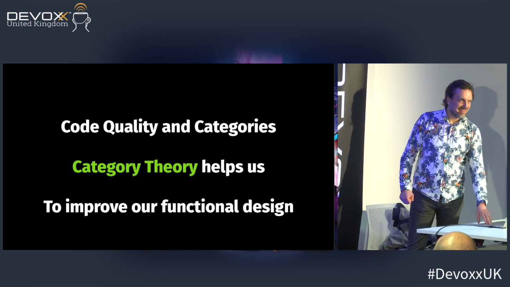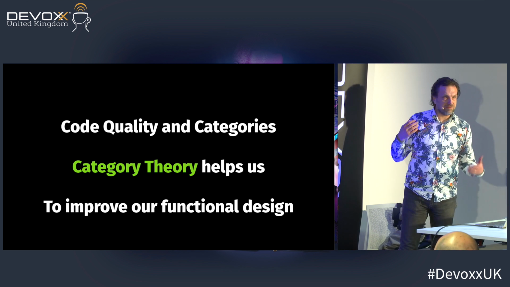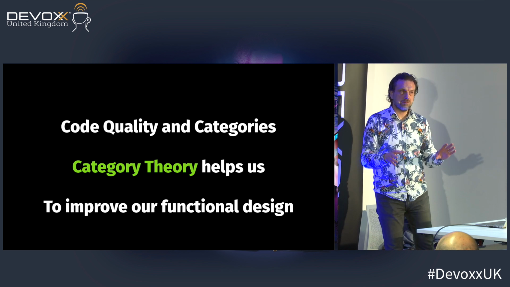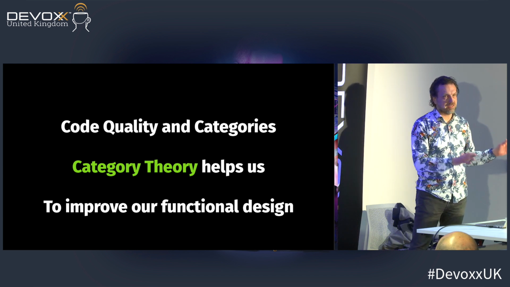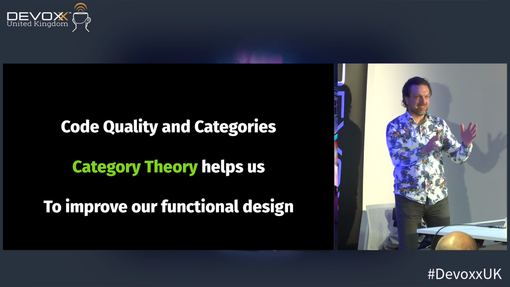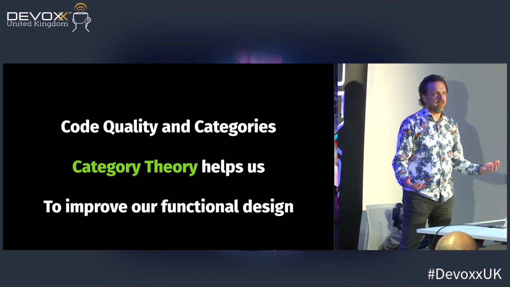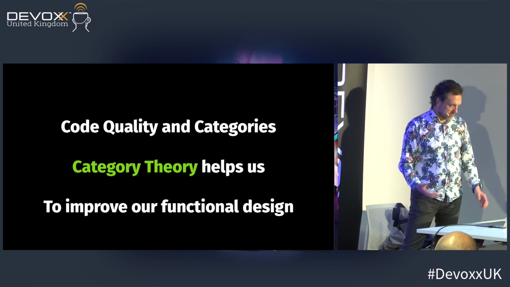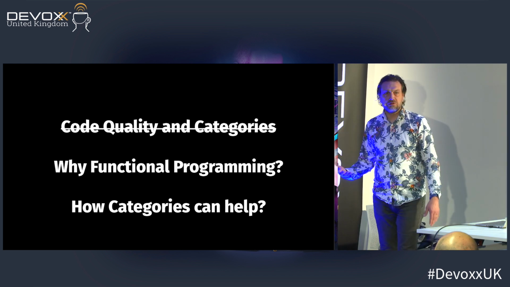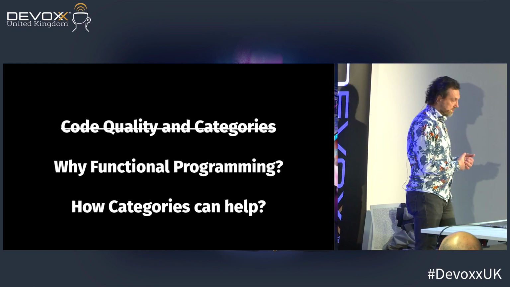And the thing is, if you are struggling with your functional programming design, and it is not really what you see in the books of functional programming, then studying category theory can help you, but you don't have to go all the way through. It still leaves two questions: why functional programming at all, and how categories can help.